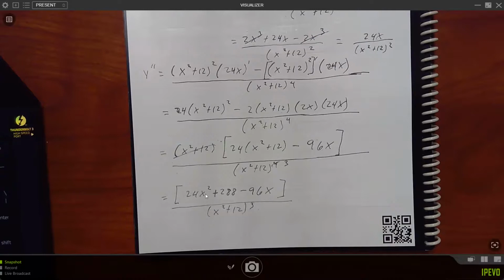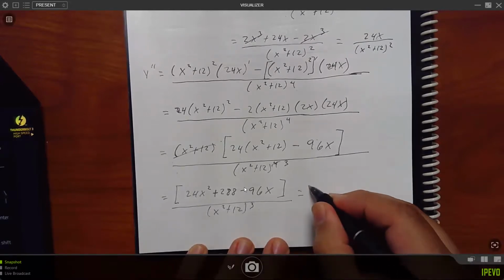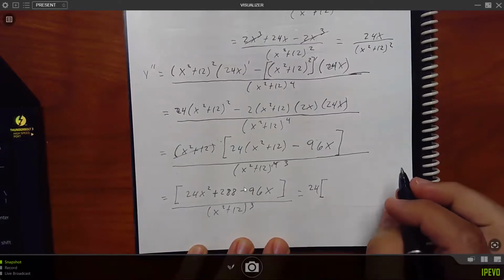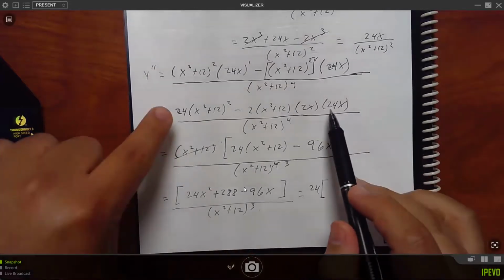I think this would be like an AC method type thing. Or we could do the quadratic formula. Either way. So you factor out 24, let's see if it comes out. Yeah, sure. They both had 24 to begin with.